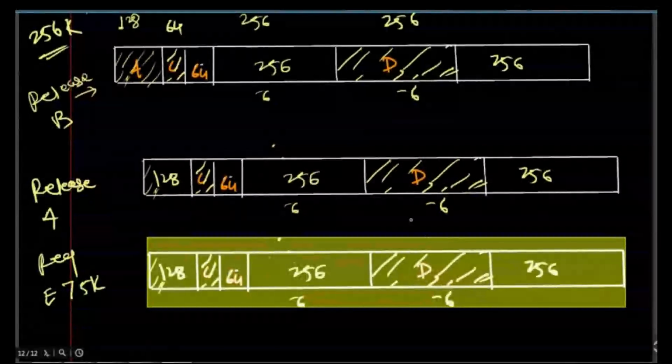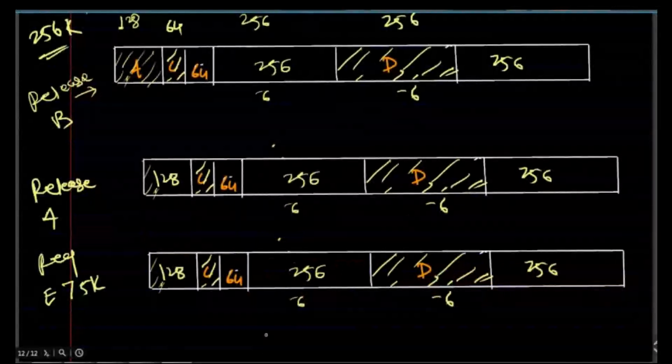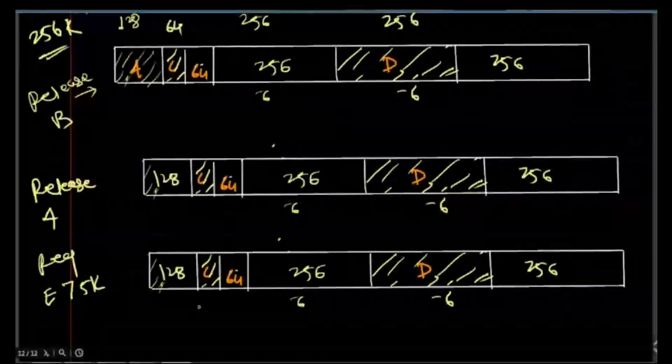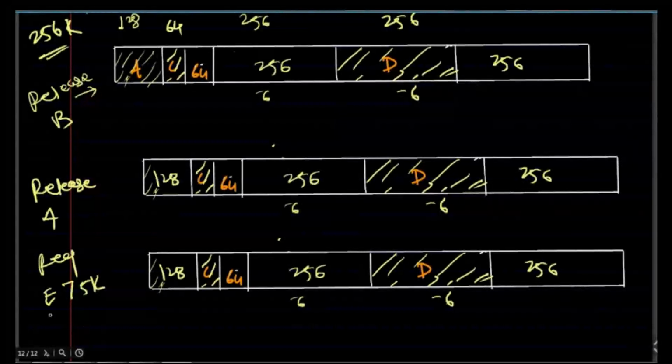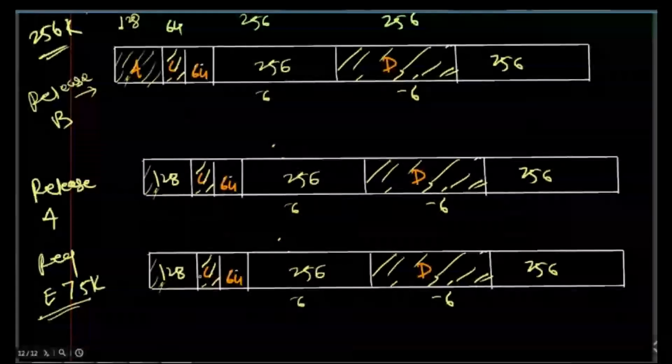Now can you tell me where this process will go? Request E will fit into which of these blocks?